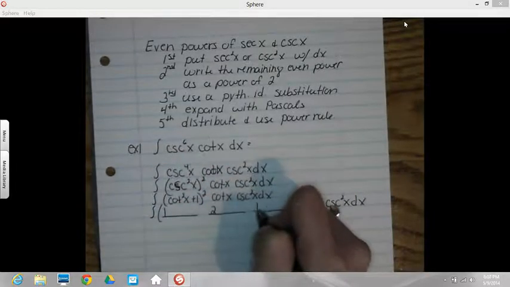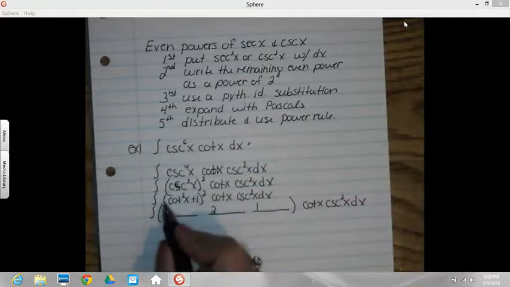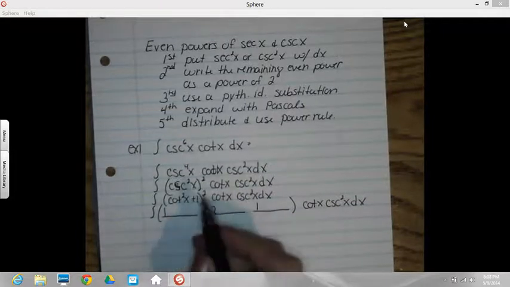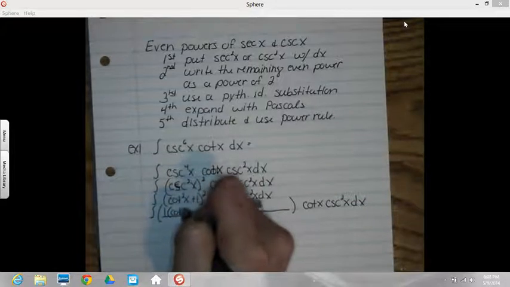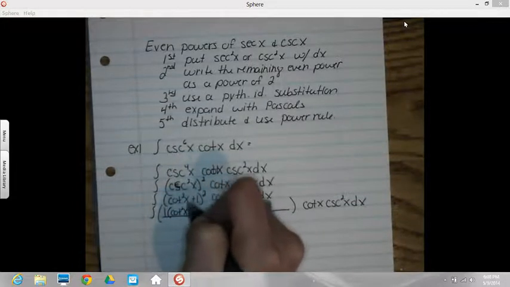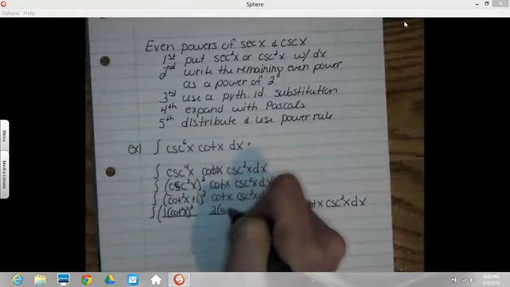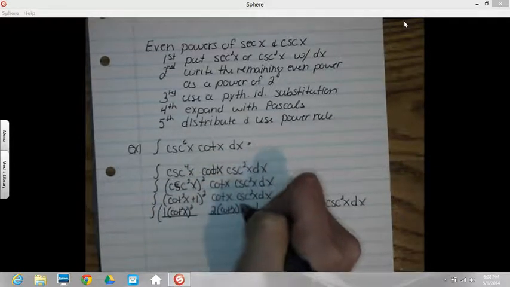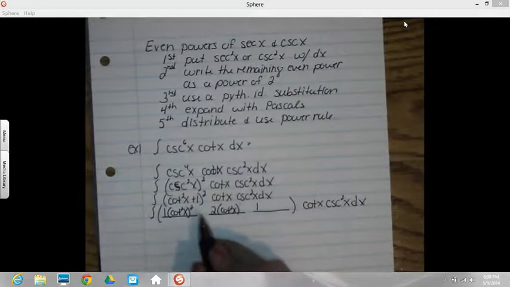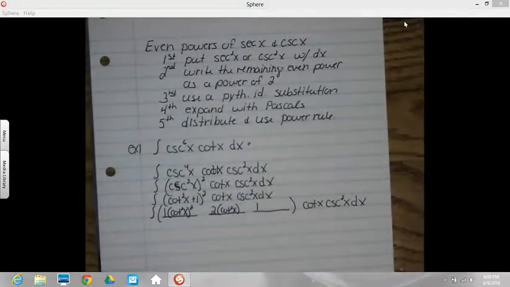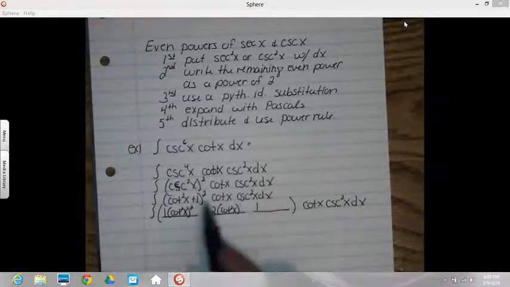This time my first term is the trig function, so here I'm going to start at the beginning with cotangent squared squared, cotangent squared to the first, then nothing. My end term is a 1, so it's just 1 cubed, 1 squared, 1, not necessary. Now I'm ready to distribute and have 3 separate integrals.